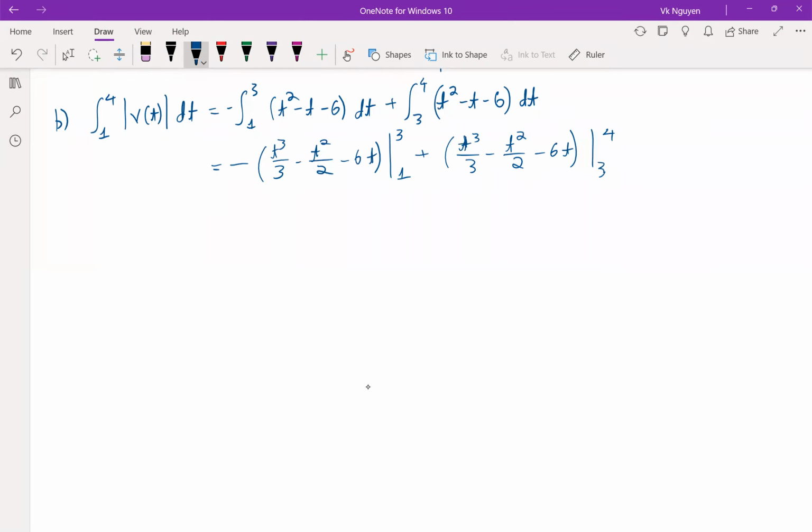It's going to be a lot of fractions. Very useful if you have a small calculator. I'm going to distribute the negative in here, make it a little less clunky.